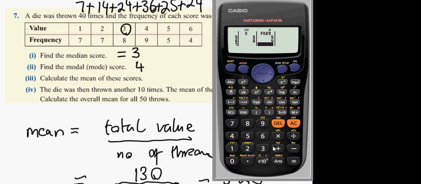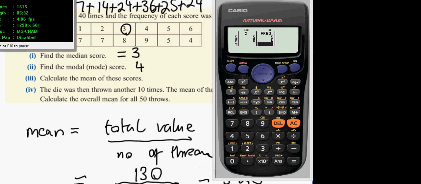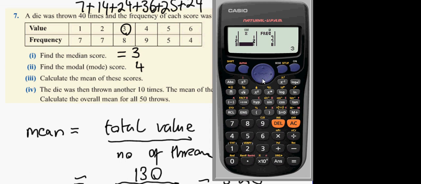Okay? Has everybody managed to do that table? Once you put this into the calculator, you get the following. That matches the table on the board. The frequency on the right, the values on the left. You press the AC button, it disappears. Once it disappears, you press Shift, Stat, and you'll notice a bunch of figures here.